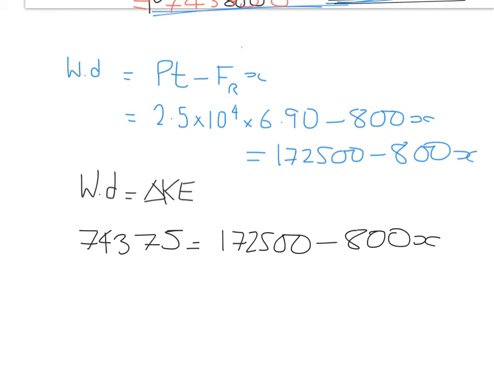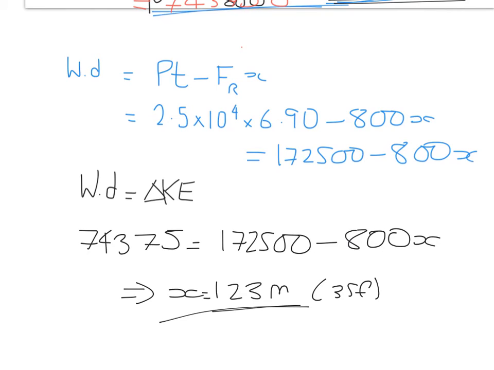And when we solve that, we find that x is 123 meters, rounded to 3 significant figures. Okay, so that's part 4.